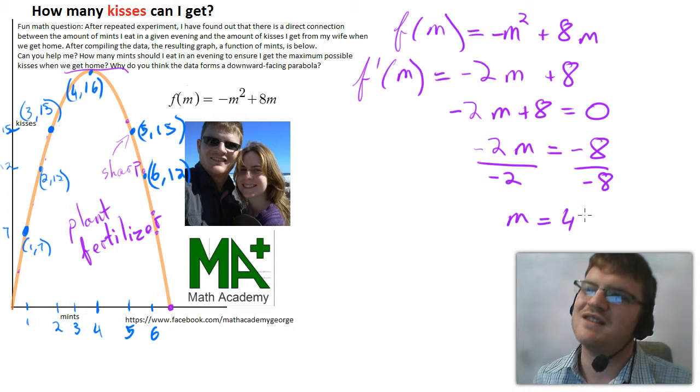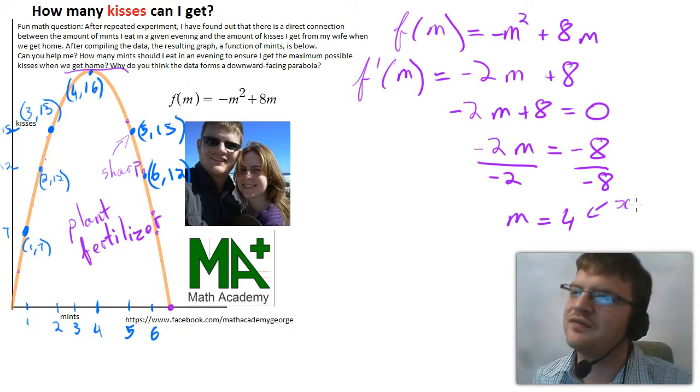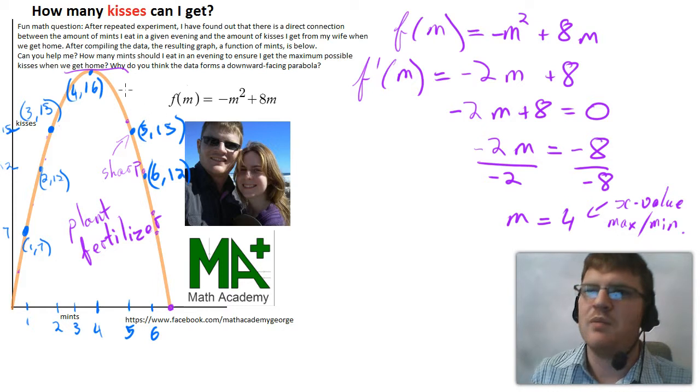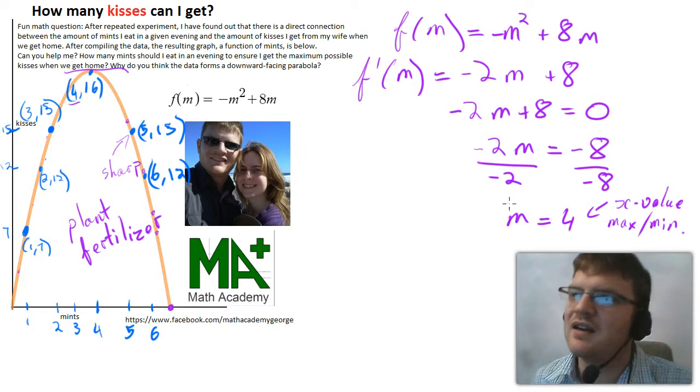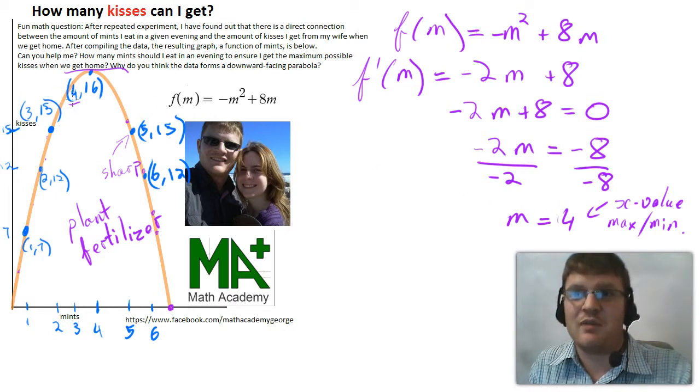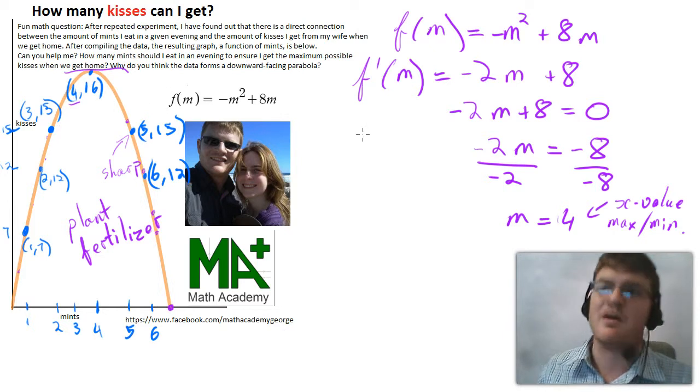Now this, what is this? This is the x value of the maximum or the minimum point, and we can see that x is 4. And then what we can do is we can say again from here, how many kisses will I get? I've just determined how many mints I need to eat to get the maximum amount of kisses.